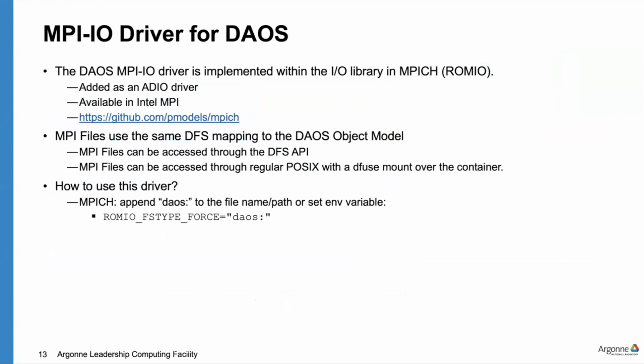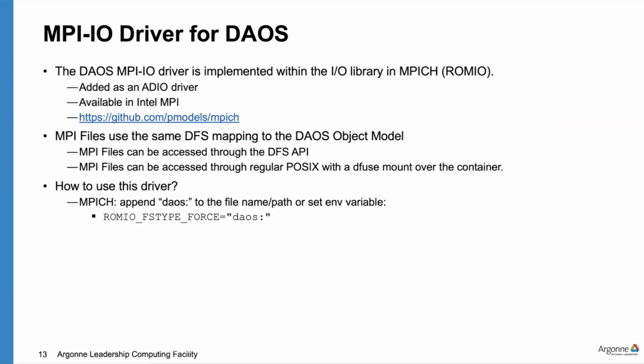There's also an MPIO driver. For those of you who know a little bit more about MPICH, there's a layer called ROMIO that implements MPI file open, MPI file write, and all of the collective versions. All of this is implemented in ROMIO. And then ROMIO has various different drivers for different file systems. Maybe the most common one is UFS, which just stands for your generic Unix file system. But there's a specific DAOS ADIO driver.